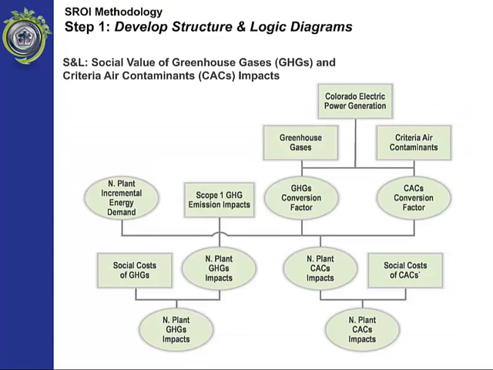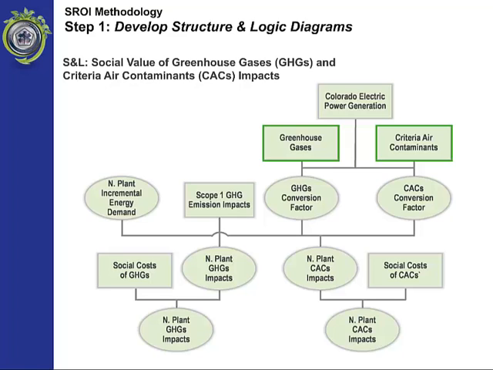The first step in the SROI process is to use structure and logic diagrams to illustrate what is calculated in the Excel-based models. Here is an example of a structure and logic diagram from the Denver Metro Wastewater Reclamation District SROI project, which illustrates how the model calculates the social value of the greenhouse gas and criteria air contaminant impacts of various water treatment plant alternatives.